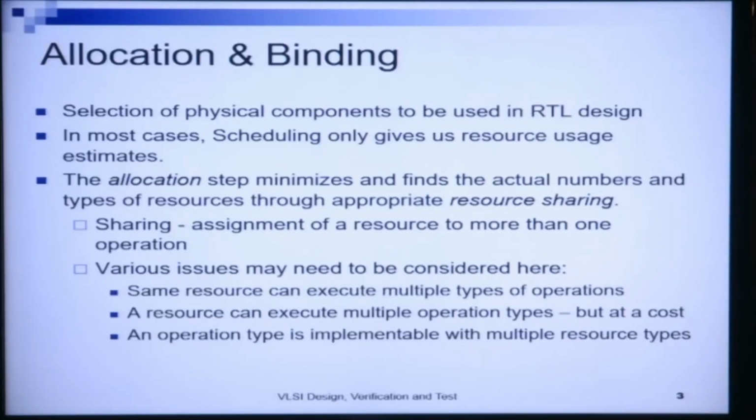Now, here the same resource can execute multiple types of operations, but it comes with a cost. For example, let us say that we can combine a multiplication and an addition as an example. However, the combination of addition and multiplication comes with a cost, because it requires a more complicated functional unit.